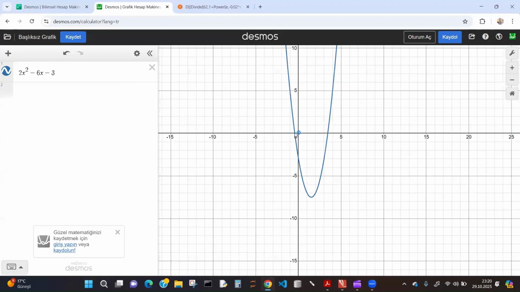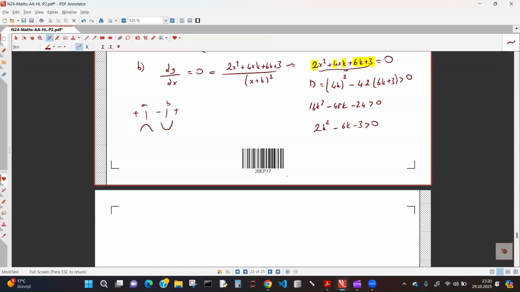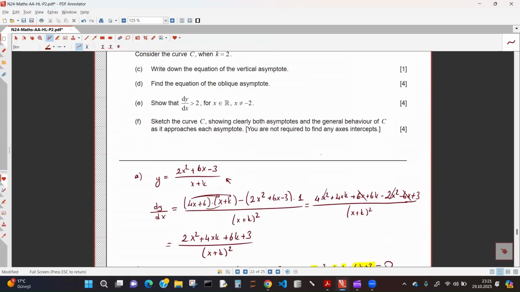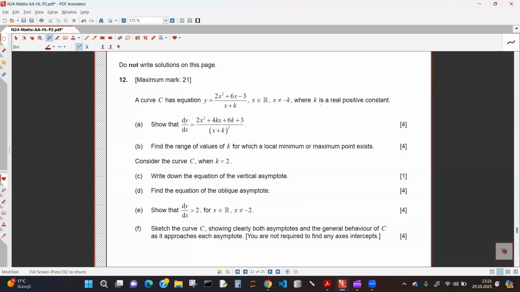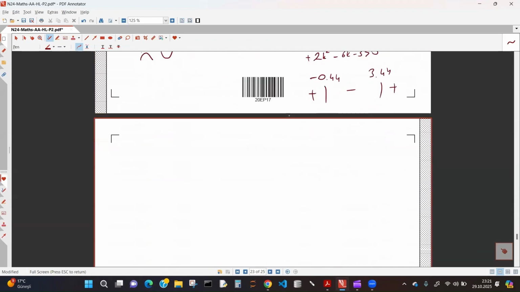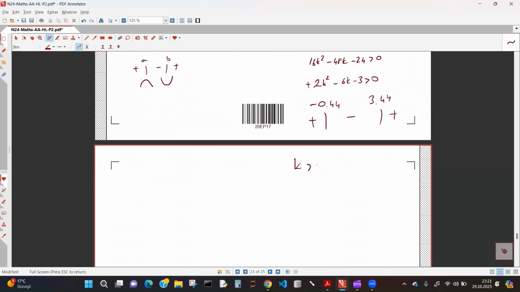The zeros here are −0.44 and 3.44. So our sign is starting with positive, negative, and positive. Since k is a positive real constant, in this case k needs to be greater than 3.44.